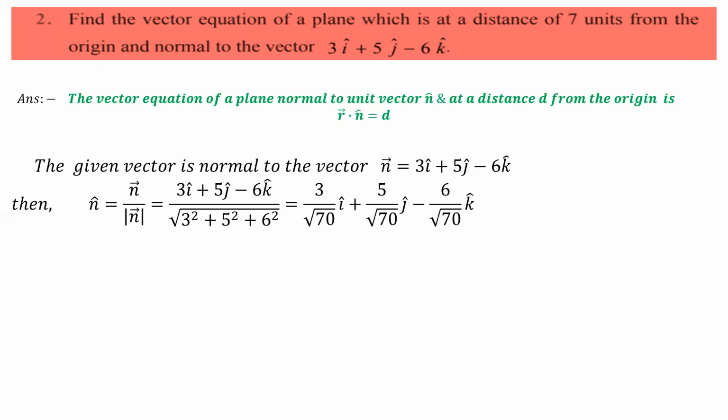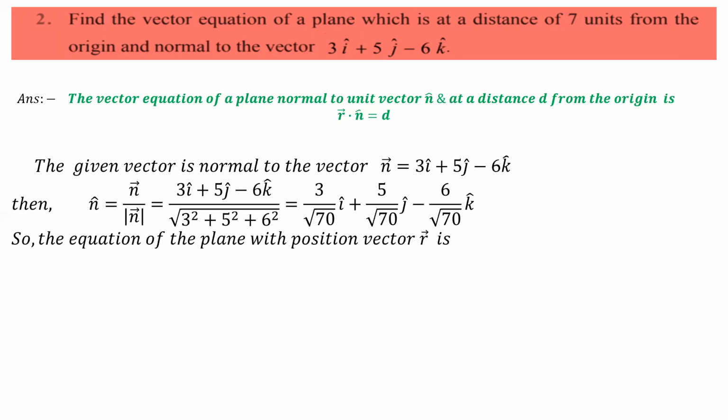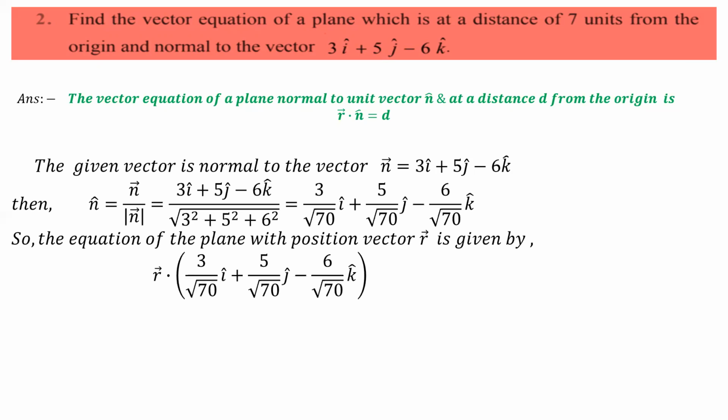Then the equation of the plane can be written as r vector dot product with n cap, that is 3 by root 70 i cap plus 5 by root 70 j cap minus 6 by root 70 k cap equals to d, which is equals to 7. Okay, so this is the vector equation of the plane.